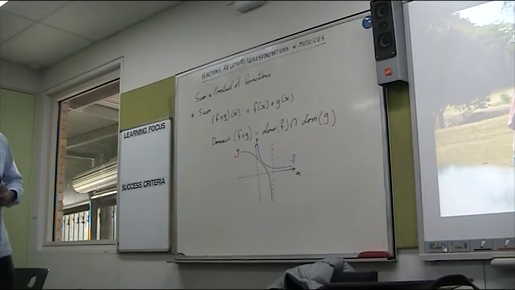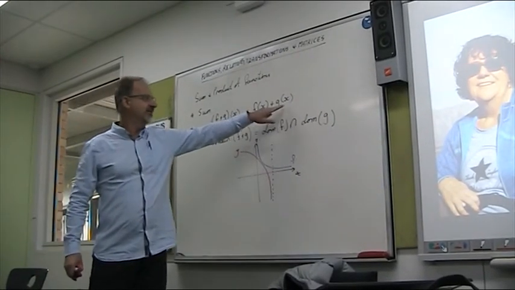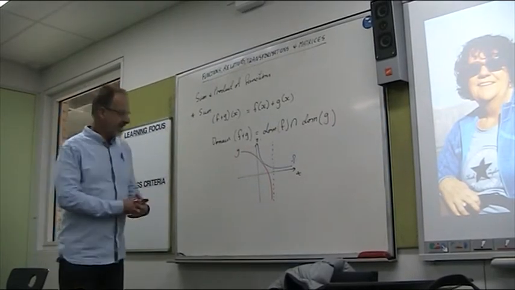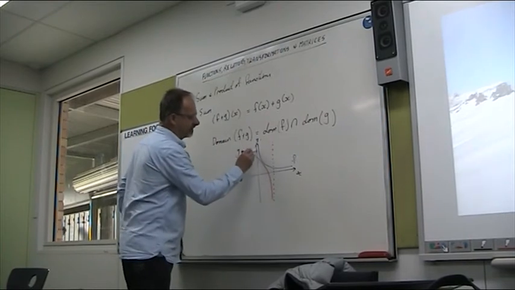So f plus g of x just means to add these two things together. Now, when you look at this, there should be another asymptote here.